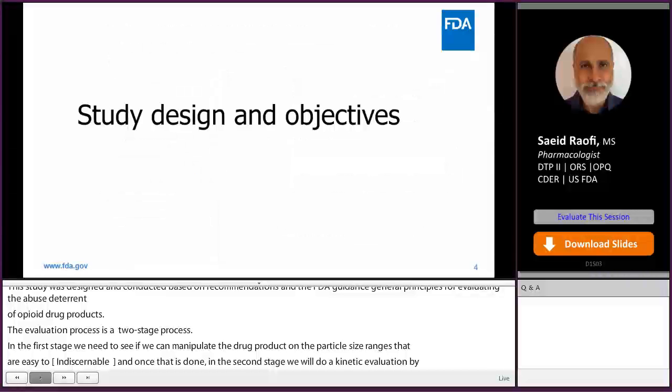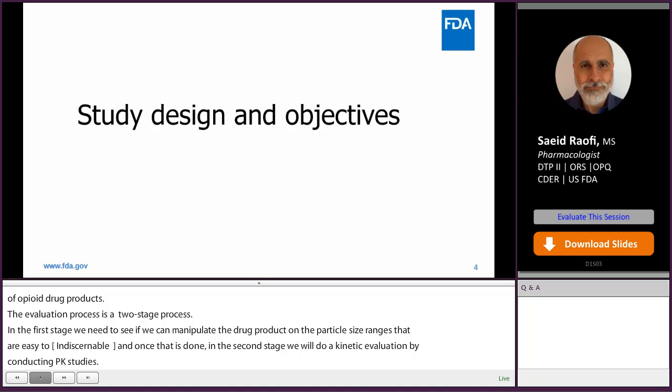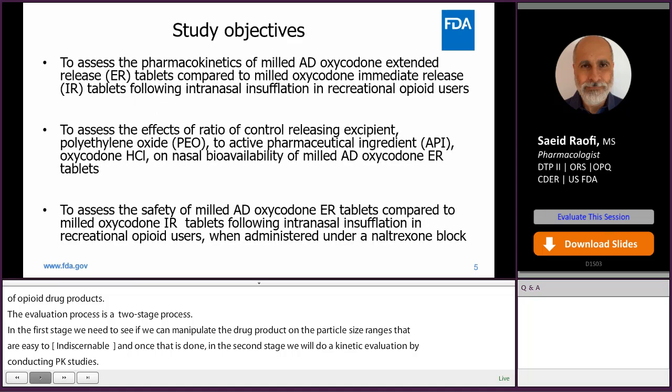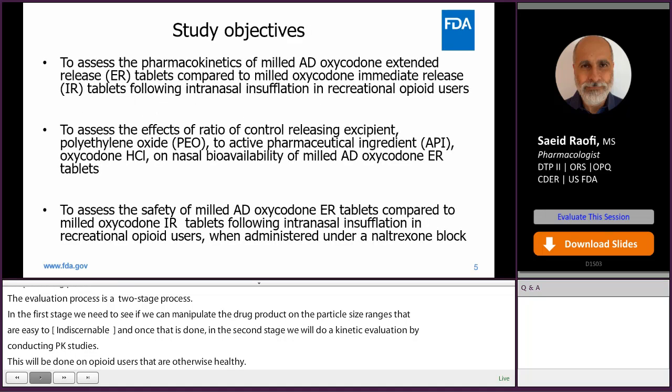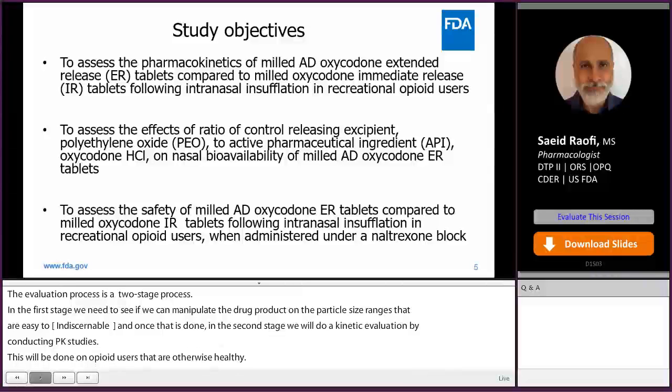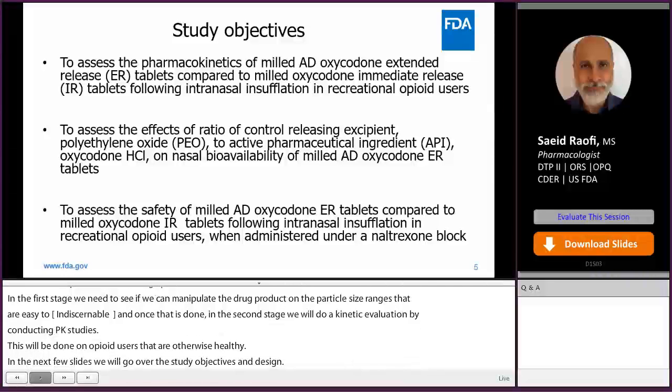In the next few slides, I'll describe the study objective and study design. In this study, we are evaluating a polyethylene oxide-based oxycodone tablet formulation with nasal abuse-deterrent properties by comparing it to an immediate release formulation.